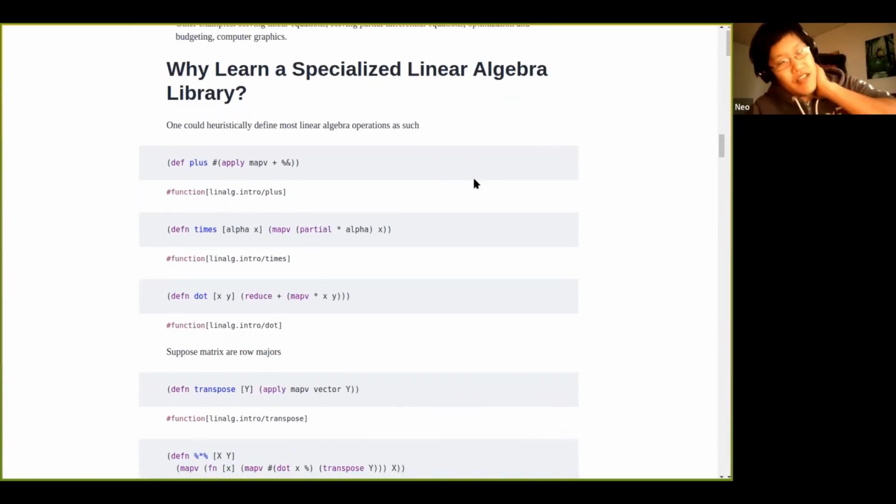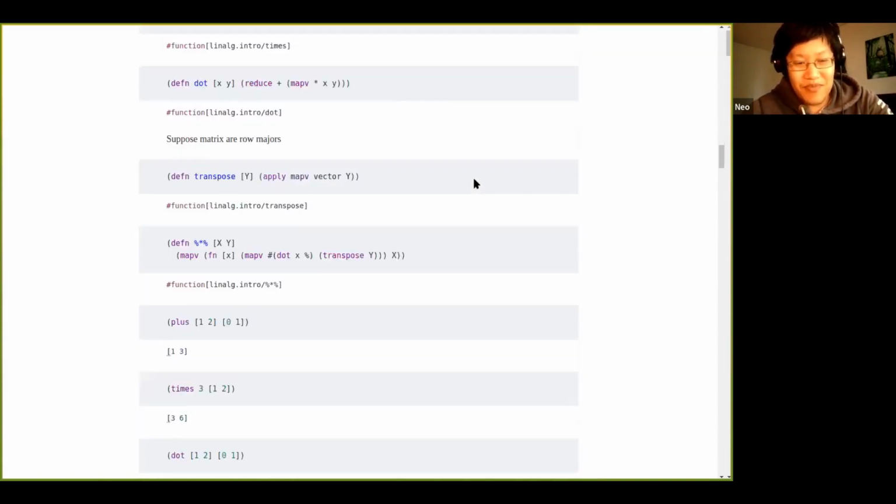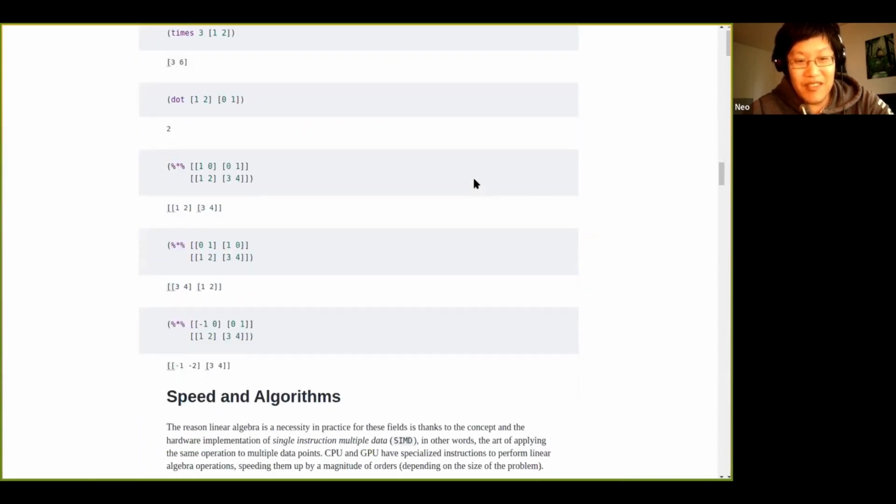So yeah, now I just motivated you to study linear algebra. And now the question is, why would you need Neanderthal? And the reason is simply speed, right? Because I wrote here some simple implementation of the vectors or the operations, and it works.